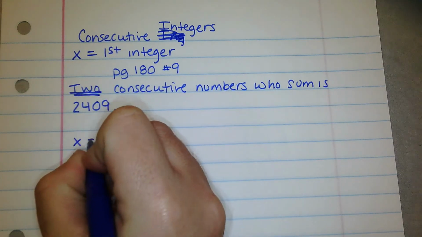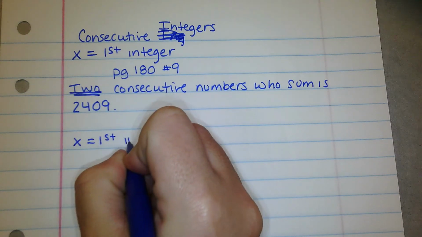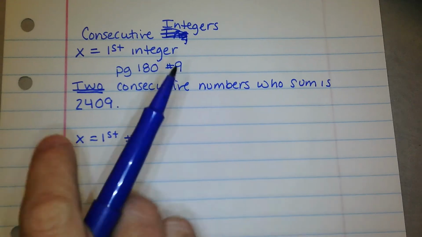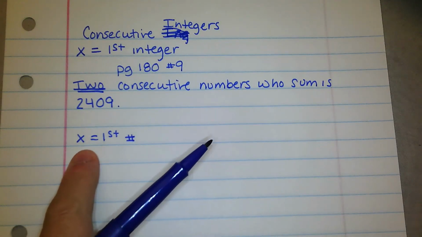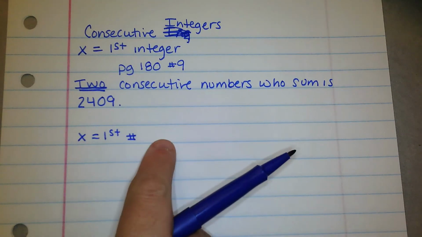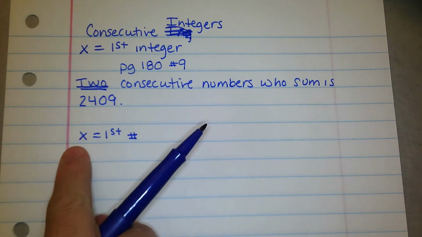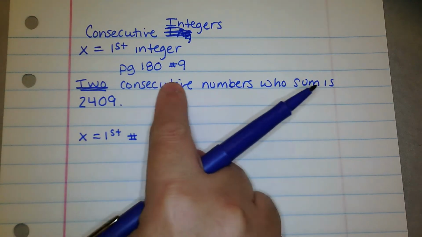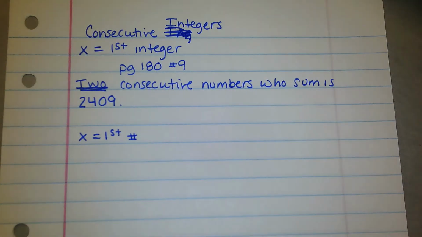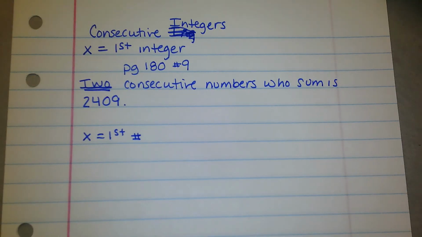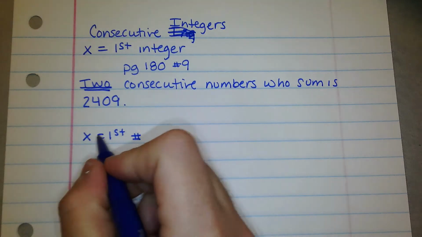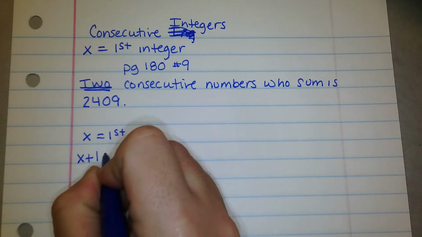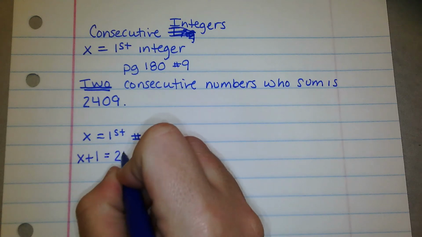So x is the first one, and the second one has to go right after that. So if x is 6, the next door down would be 7. If x is 7, the next door down would be 8. So in order to get the next consecutive number, you've got to add 1 to x. So to get to the second number, we're going to do x plus 1 because consecutive means one right after the other.